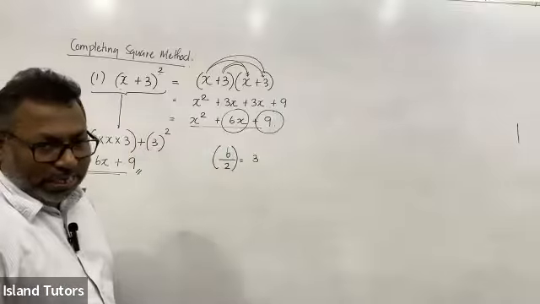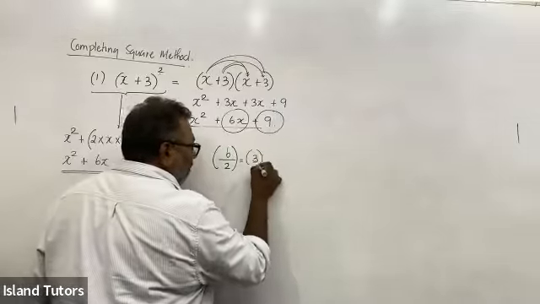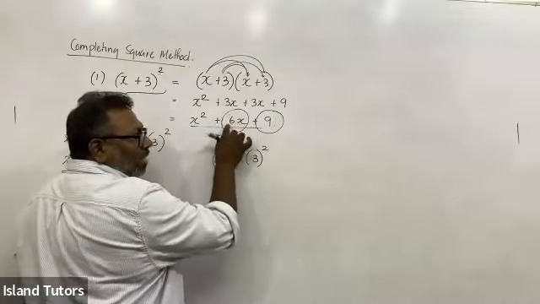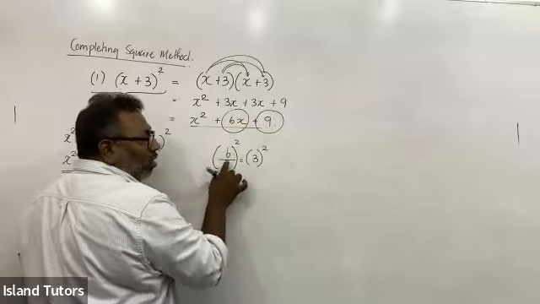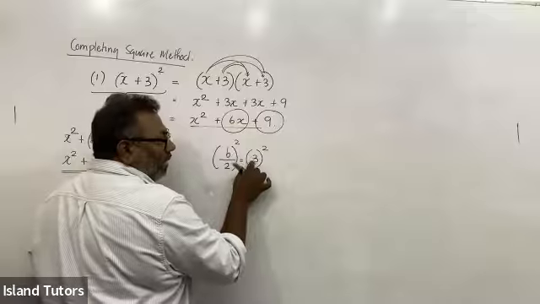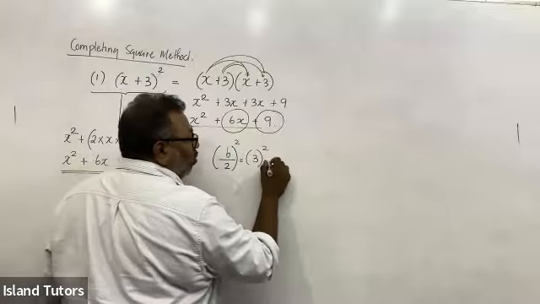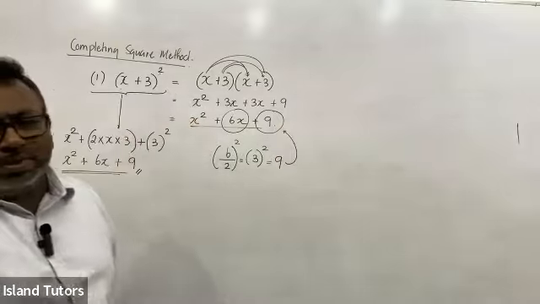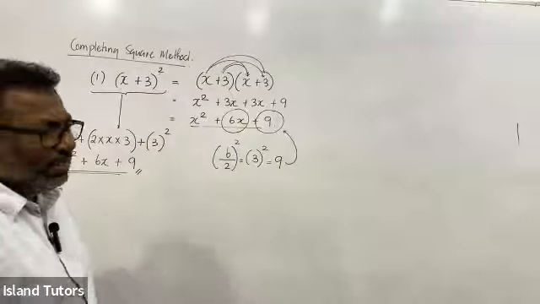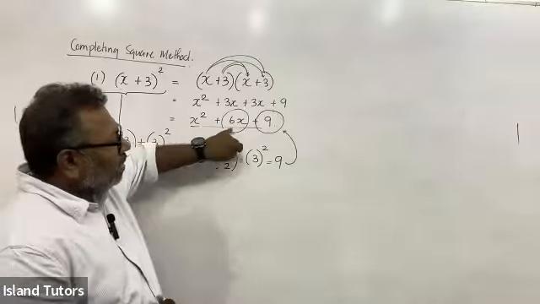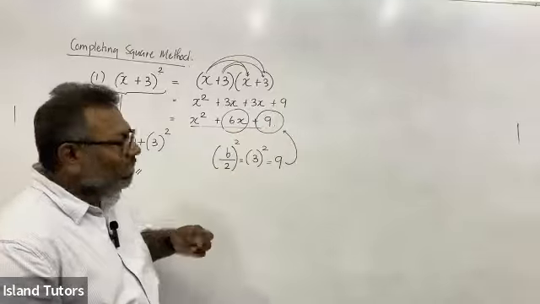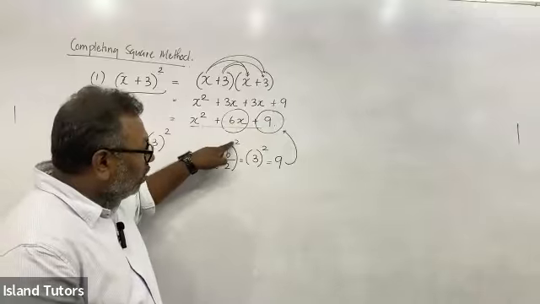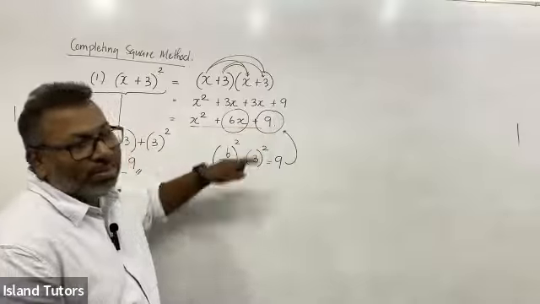And this 3, if you square it, 3 to the power of 2, you're getting 9, that is this. Can you see? That is the relationship between the middle term and this last term. When you take the middle term, divide it by 2 and square it, you're going to get this value.